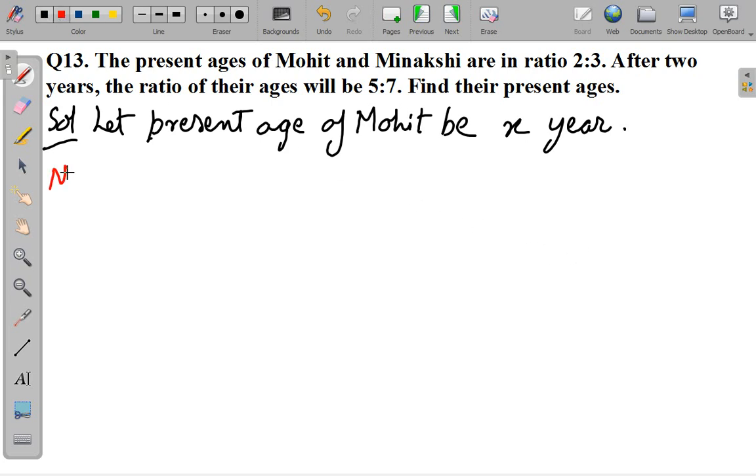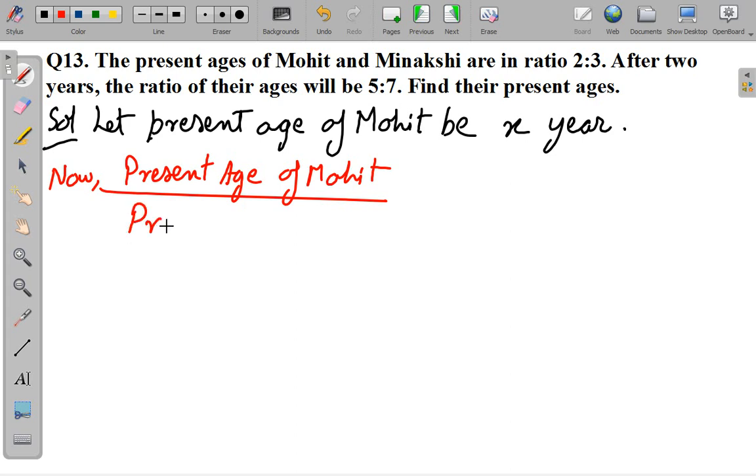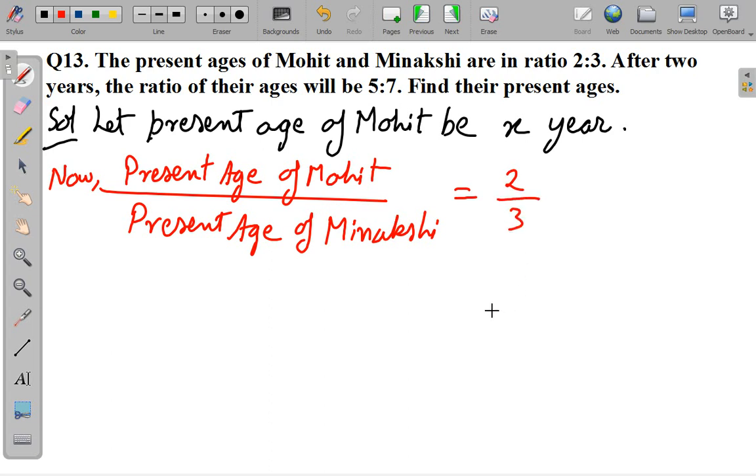Now we are given a ratio: age of Mohit upon present age of Meenakshi. It is given to us as 3:2. Now we are going to use the same procedure. Do the reciprocal, and after the reciprocal we will shift x to the other side of the equal sign, and that way we will find the answer.